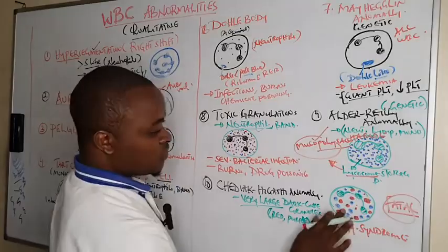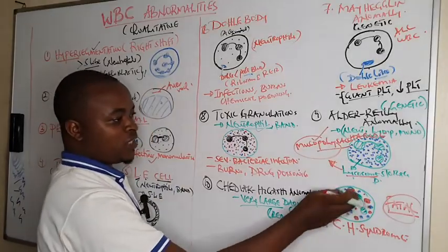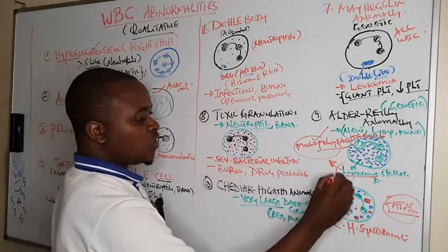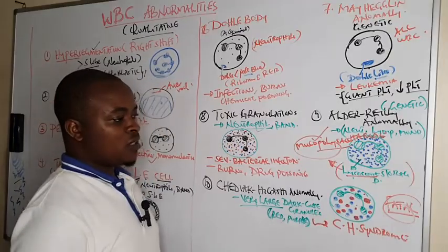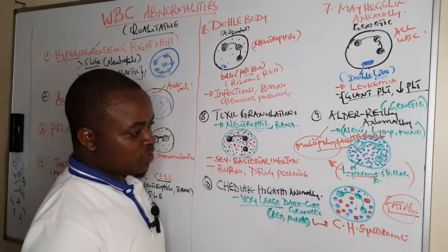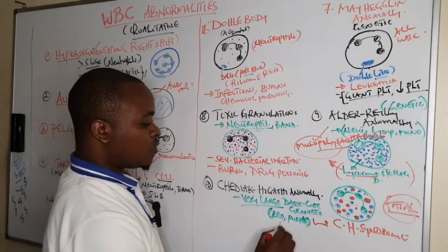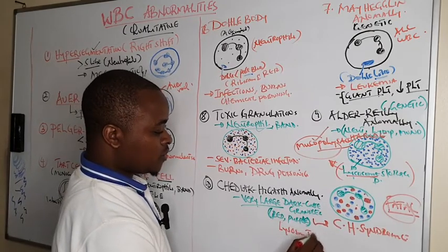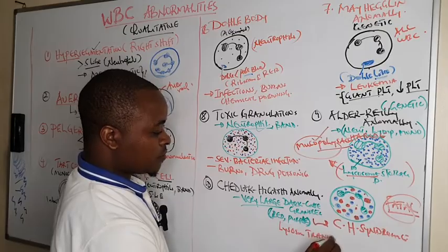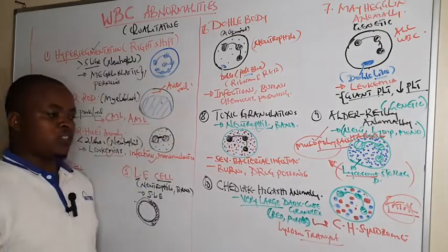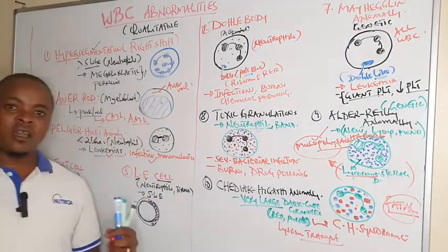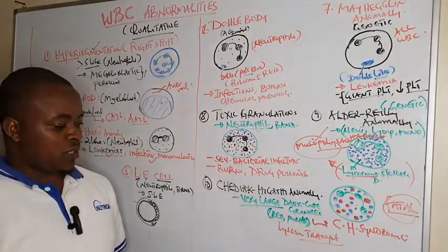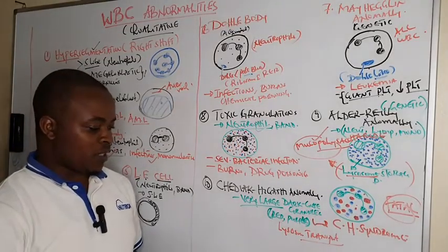And according to the size of the granules, these are very large, whereas these are large. These ones are due to lysosome storage disorder, whereas this is due to lysosome transport disorder. That is Chediak-Higashi anomaly found in the white blood cells.